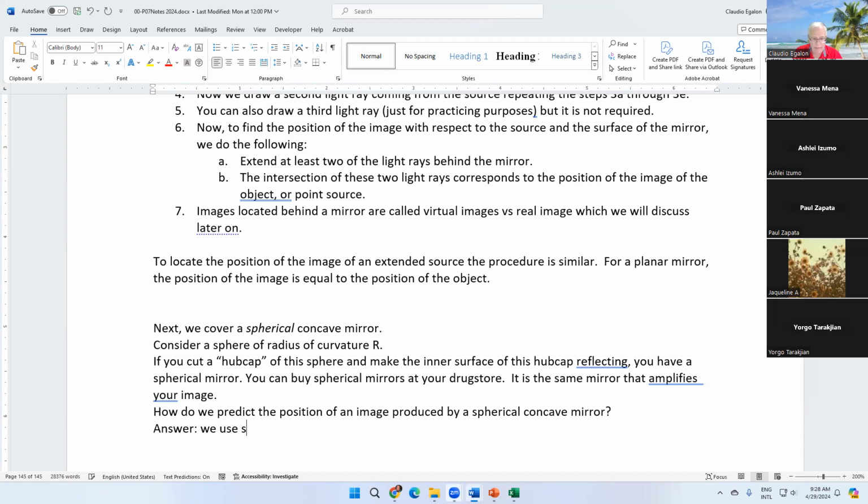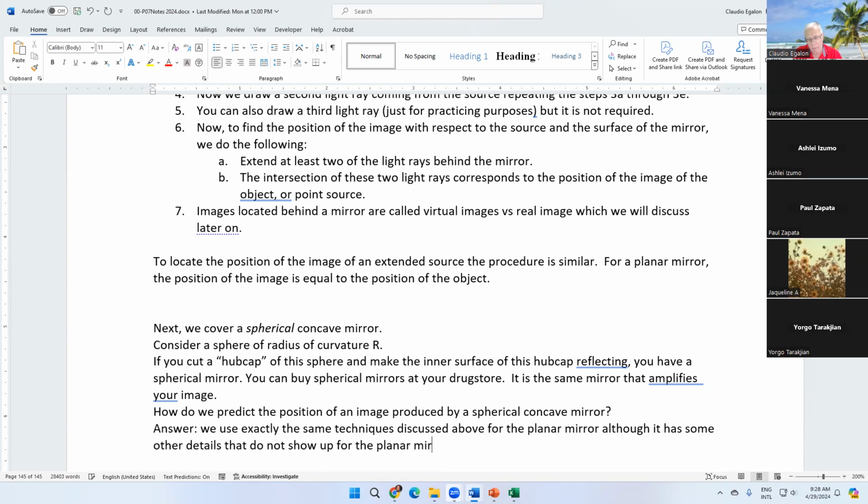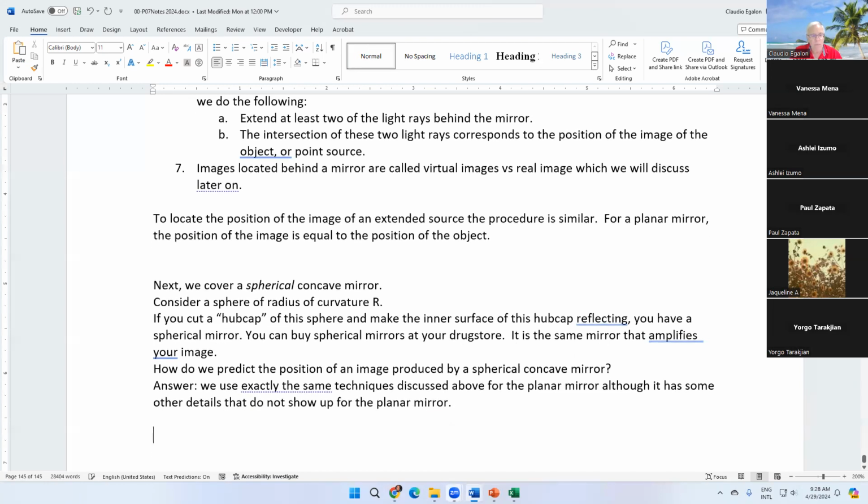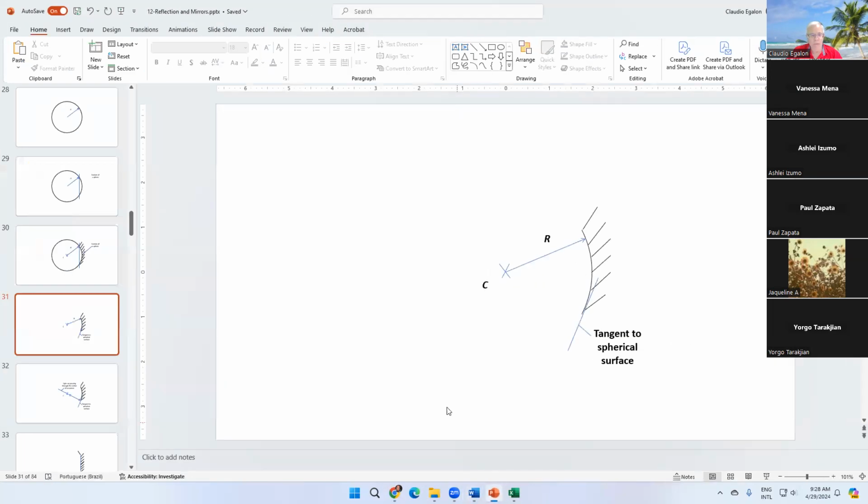We use exactly the same techniques discussed above for the planar mirror, although it has some other details that do not show up for the planar mirror. So I'm going to walk you through that.